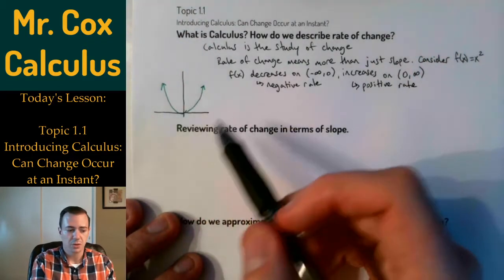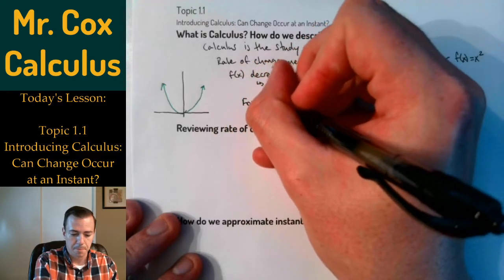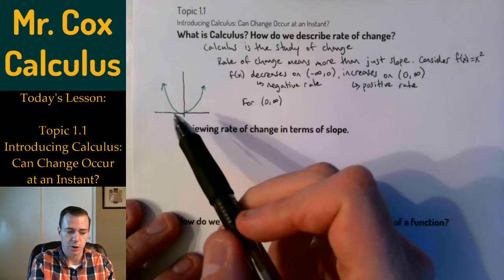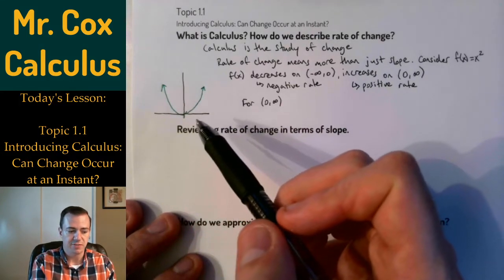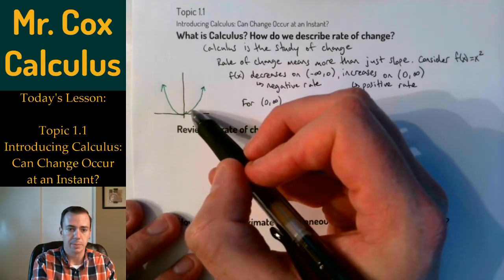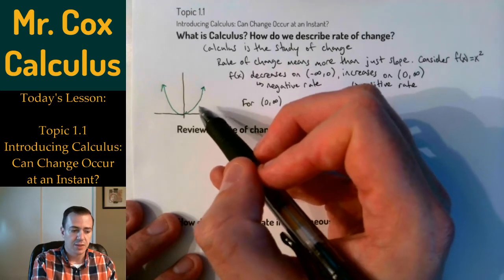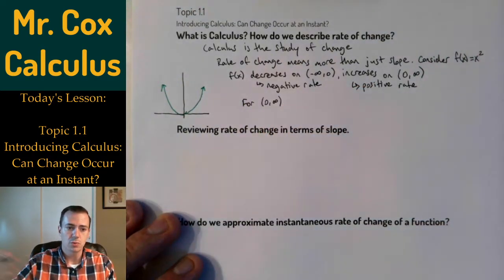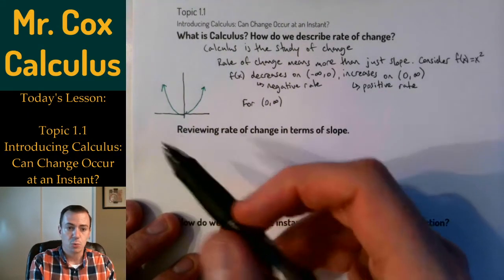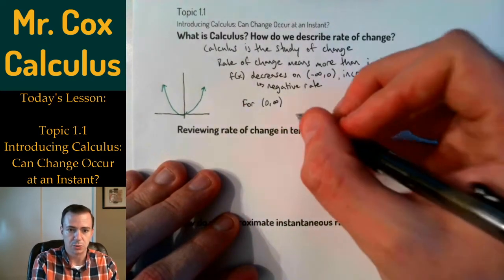And if we just take a look at what's happening from 0 to infinity, and we can make some similar statements about negative infinity to 0, but for 0 to infinity, if I take a look at what happens, let's say at the point 1, 1, and then I come over and say, let's take a look at the point 3, 9. Then what happens is the further to the right I go, or the larger the values of x that I'm getting, the rate at which the function is increasing is itself starting to increase.